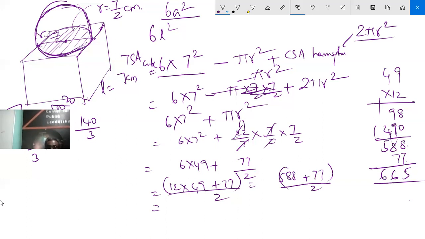That is equal to 665 by 2, which is 332.5, and because it is in centimeters, the answer is 332.5 square centimeters.